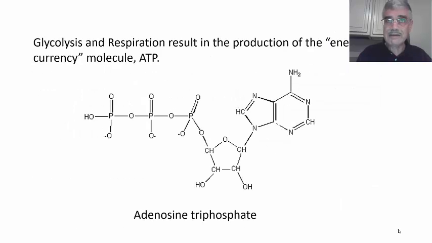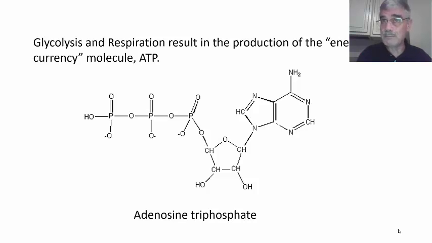Now, that energy that we extract is first converted to a molecule called ATP. ATP, in a sense, is the energy currency. So in glycolysis, we will see that we form so many ATP molecules. And in respiration, we form so many ATP molecules.